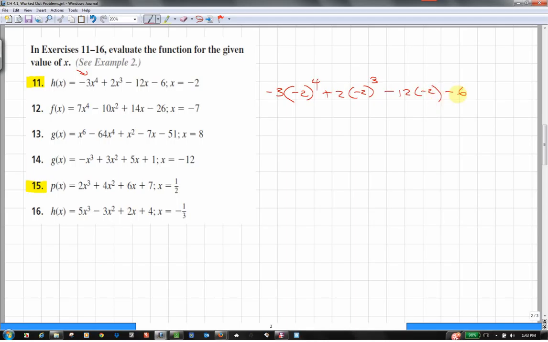So let's simplify. -2 to the 4th, that's 16. -2 cubed, that's going to be a -8. -2 times 12, that's plus 24.